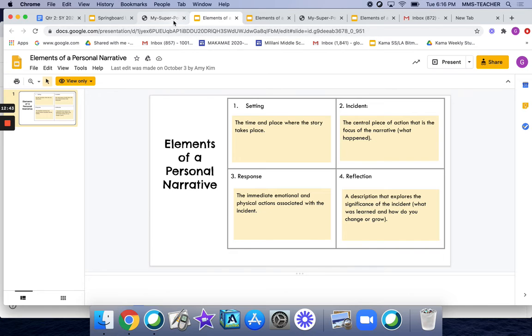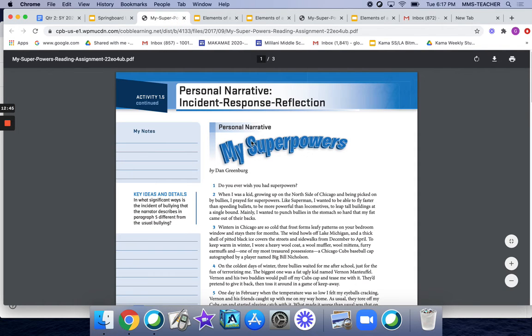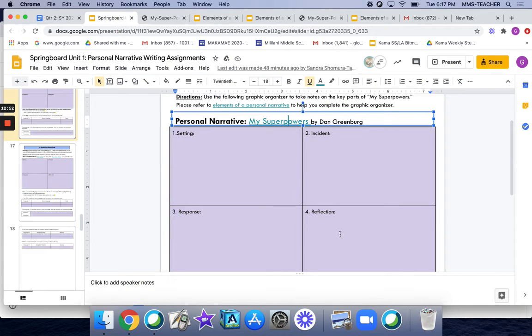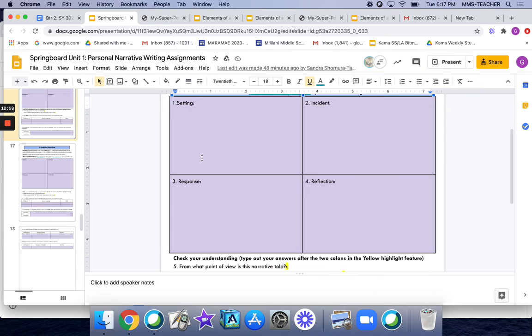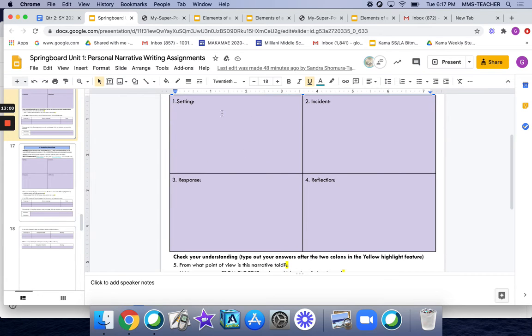So you will refer to this article that we just read, My Superpower, when you answer these 4 areas. Please provide as much detail as possible to show your understanding of the setting, the incident, the response, and reflection.